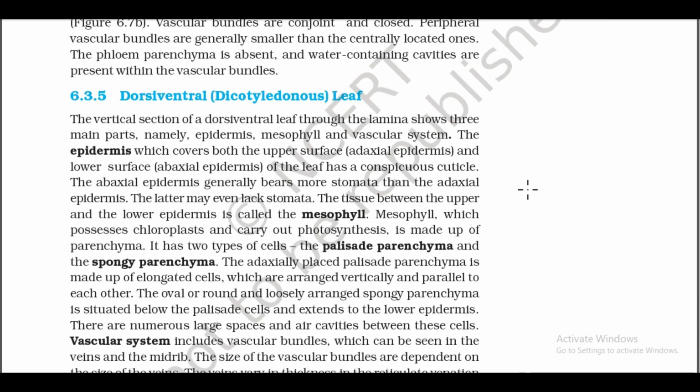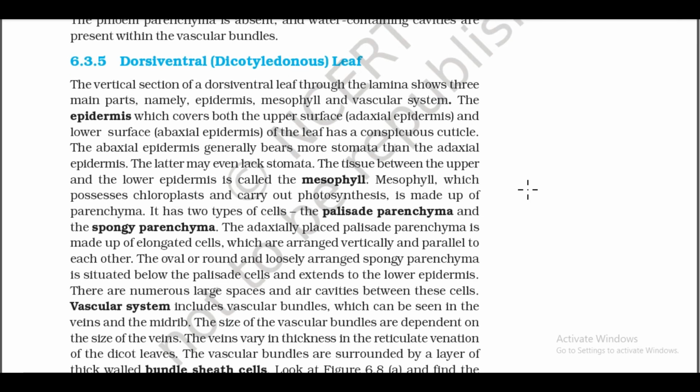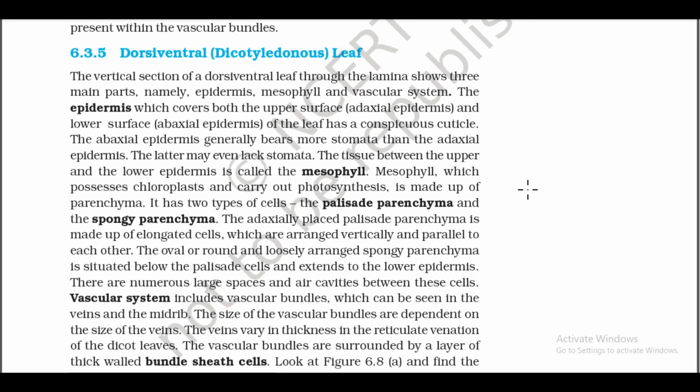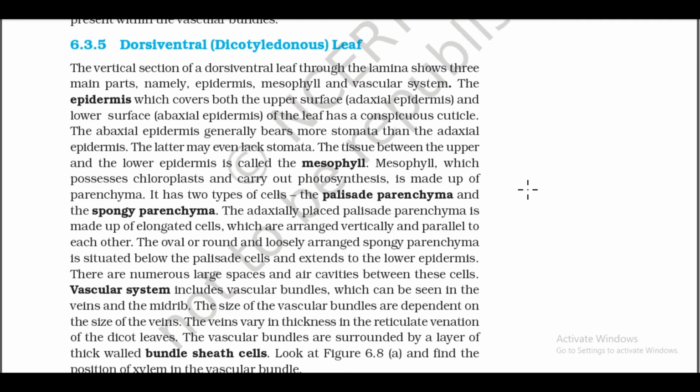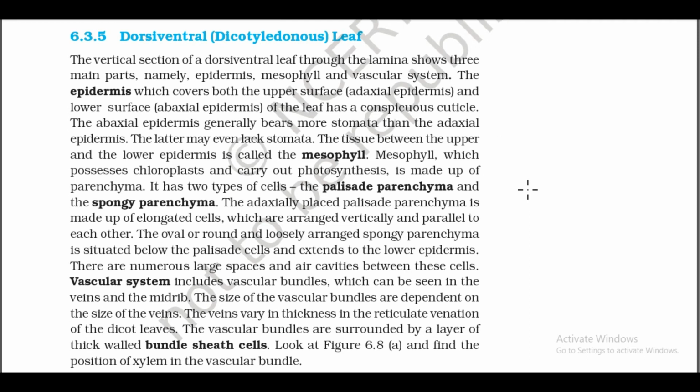6.3.5 Dorsiventral dicotyledonous leaf. The vertical section of a dorsiventral leaf through the lamina shows three main parts, namely epidermis, mesophyll and vascular system. The epidermis, which covers both the upper surface, adaxial epidermis, and lower surface, abaxial epidermis, of the leaf, has a conspicuous cuticle.